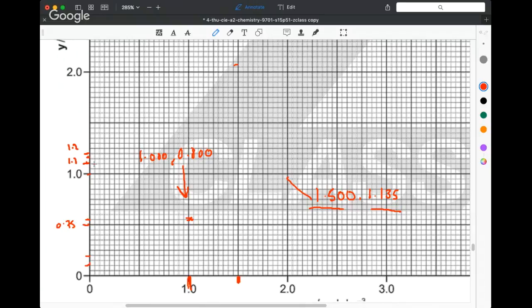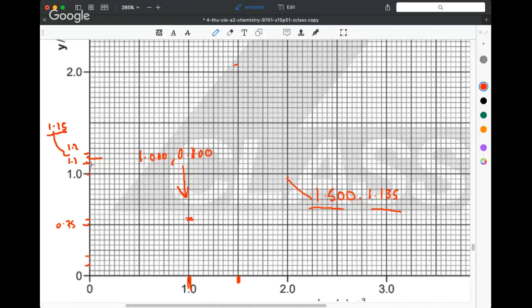That's in between 1.1 and 1.2. That line there is 1.15. And we've got to do 1.135, which is just a little bit less than 1.15.